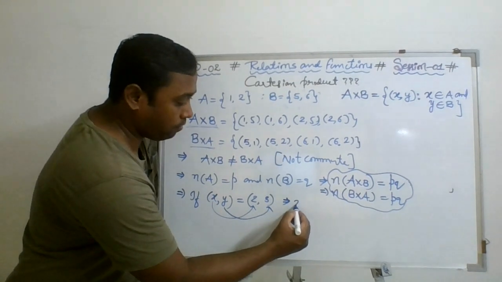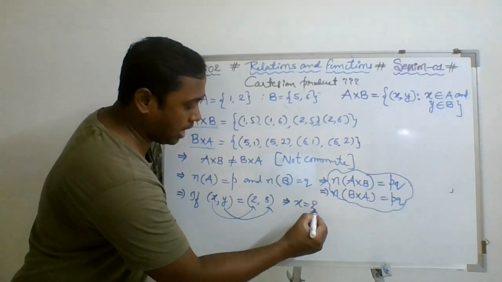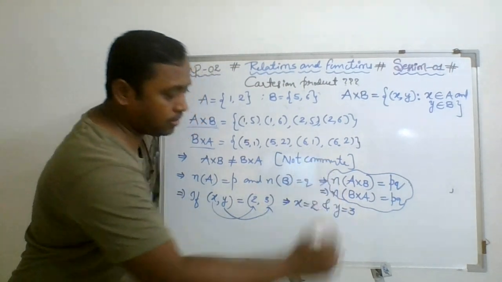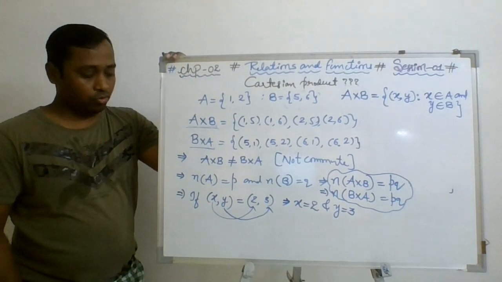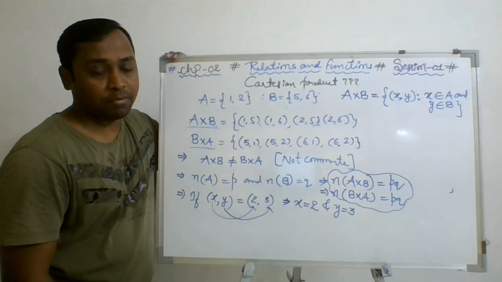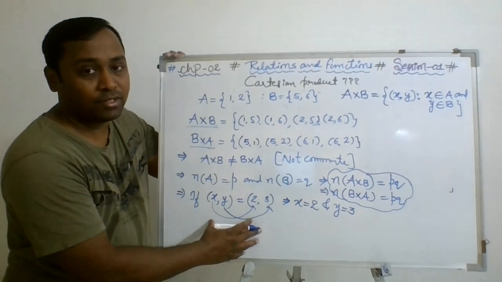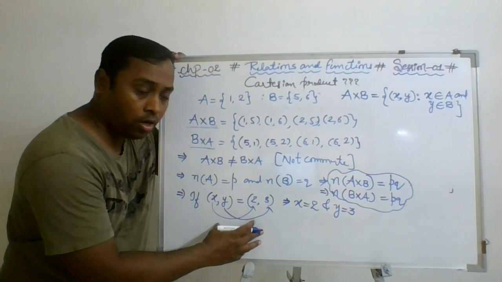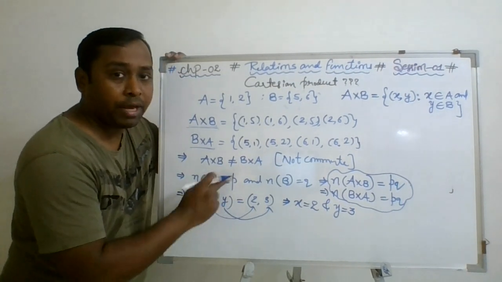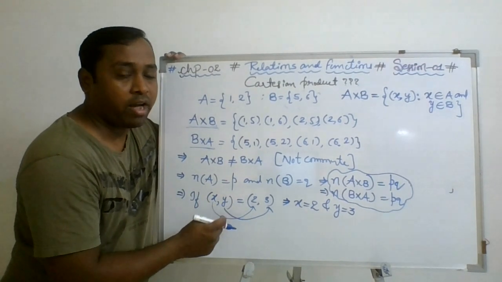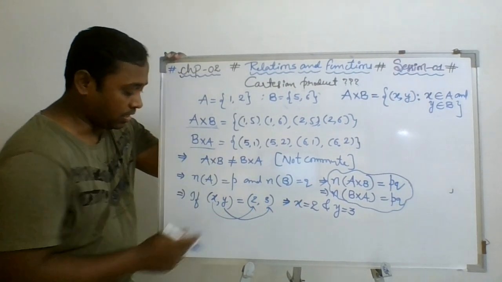It means the value of X you can read as 2 and the value of Y you can read as 3. That is why these are called ordered pairs. When the ordered pairs are equal, you can directly compare the corresponding elements.